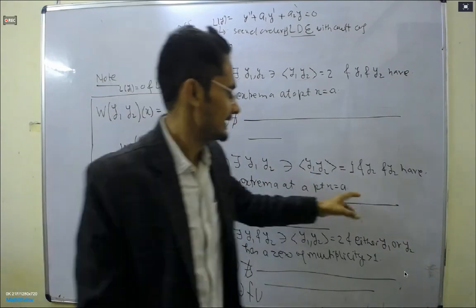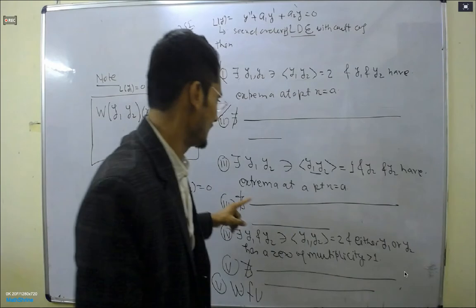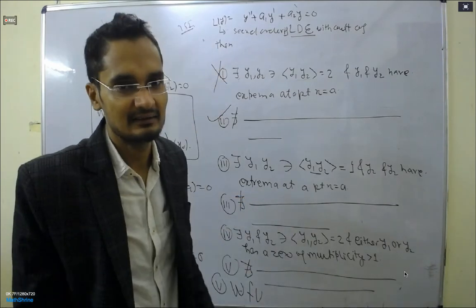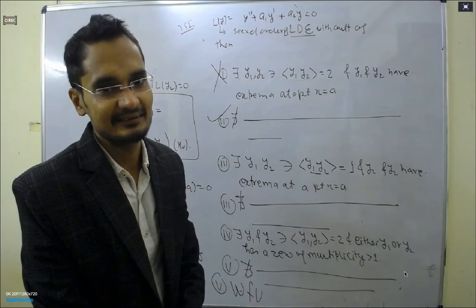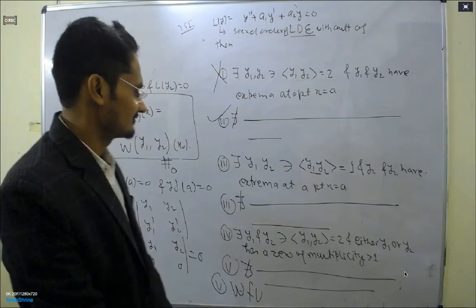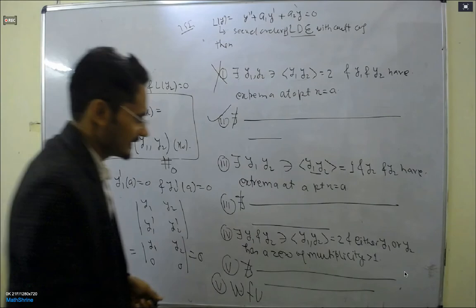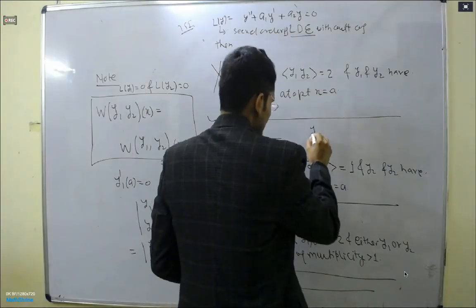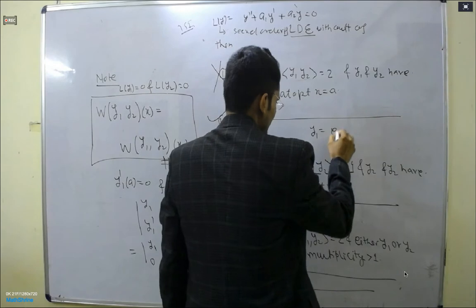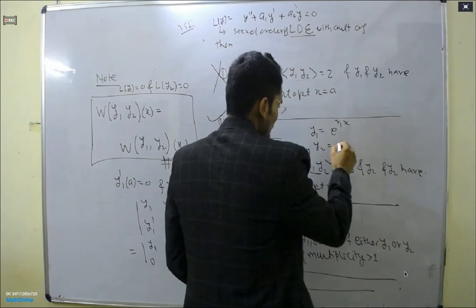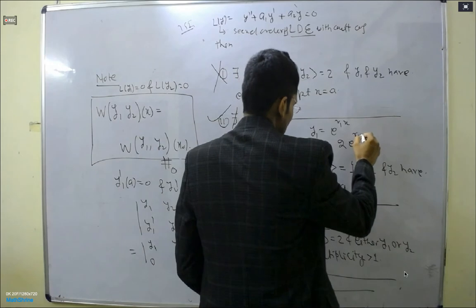Same. Take just a scalar multiple of the other. If this has extrema, then definitely it will also have extrema. Right? Just some constant multiple. So this is allowed. This is possible. He is telling not possible, no? So this is wrong because this is also very possible.